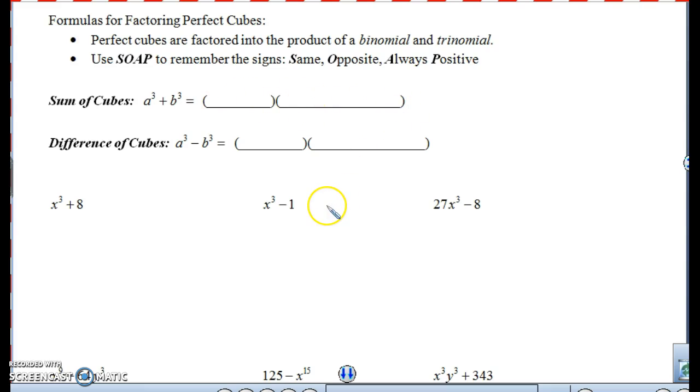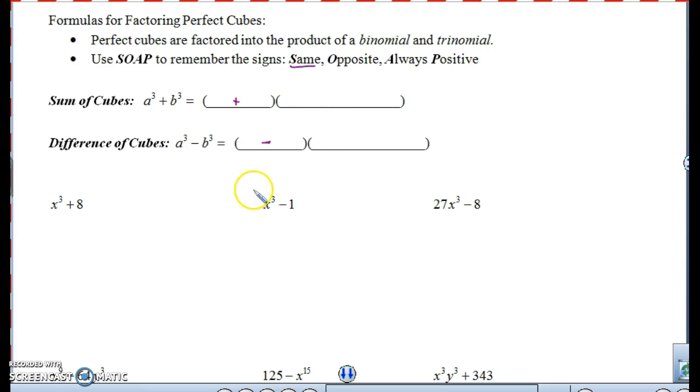The first thing that we need to do is figure out our signs. The signs, remember, is SOAP. For the binomial, there is one sign, and that's the same. So if this is plus, this is going to be plus. If this one is minus, this one's going to be minus. Now, in the trinomial, there are 2 signs.